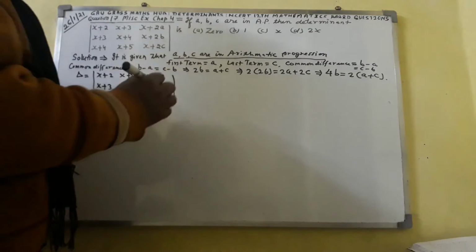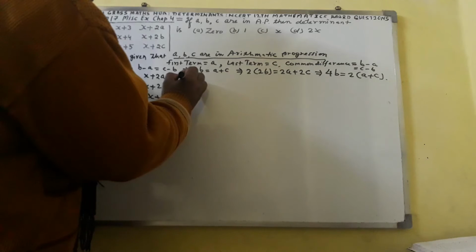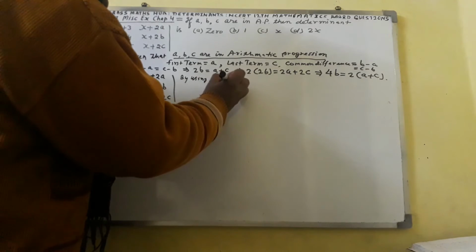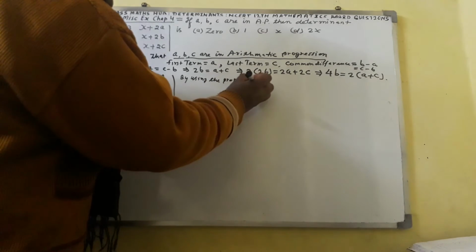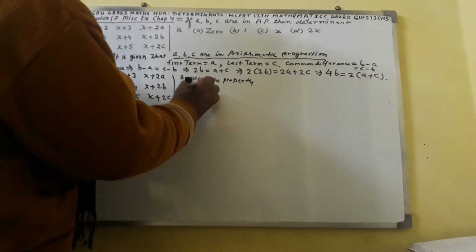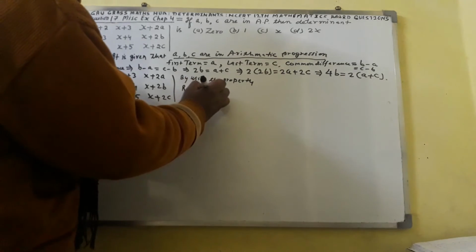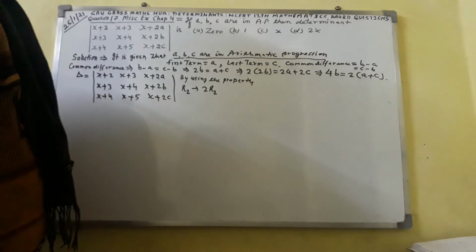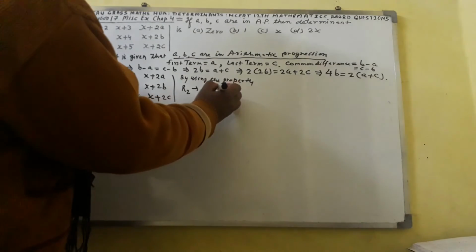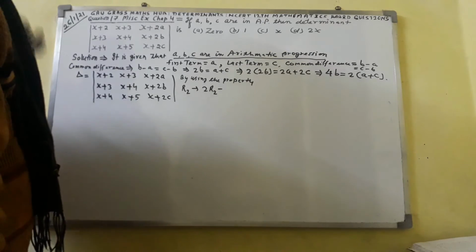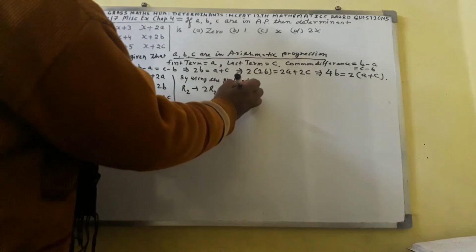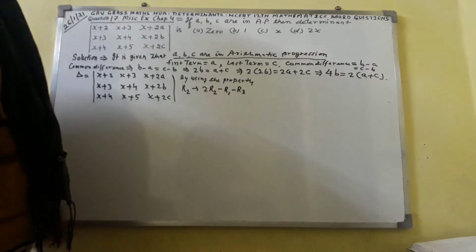So here I shall use the property R2 goes to 2 times R2 minus R1 minus R3. This property I shall use here.